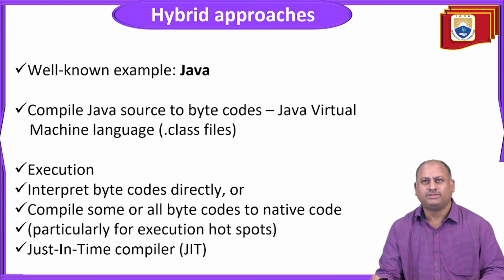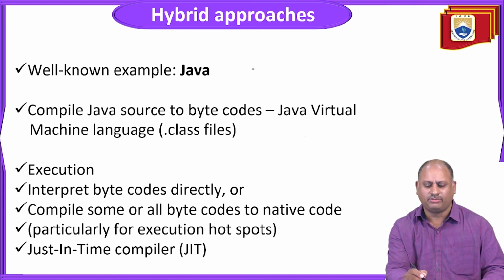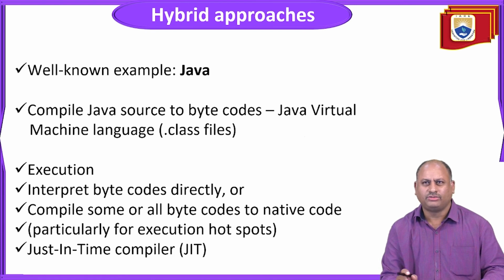One of the languages used is the Java language, which we all know. In Java, the program written by the user in high level Java language is converted into machine understandable language. It is called a hybrid approach. Why?